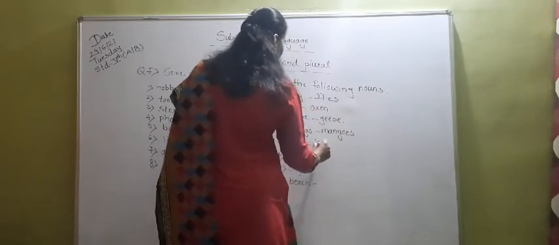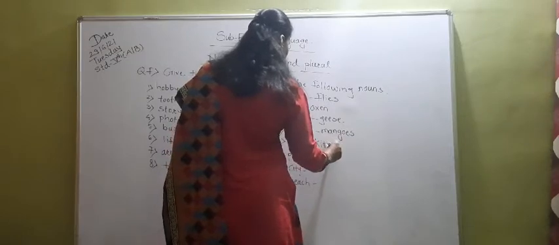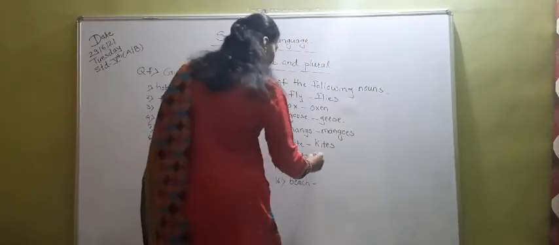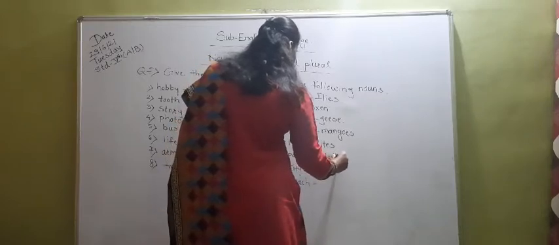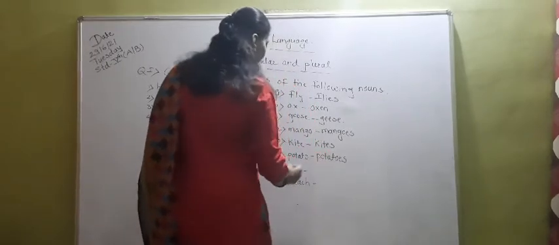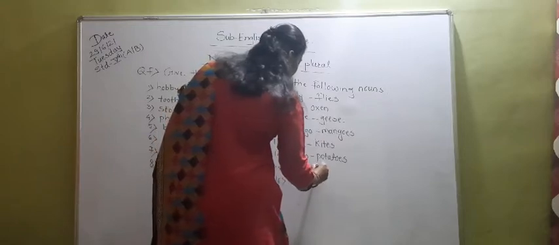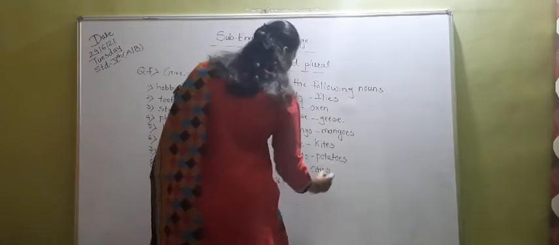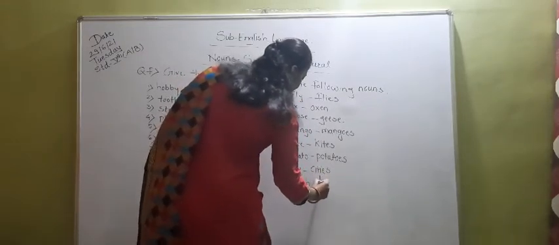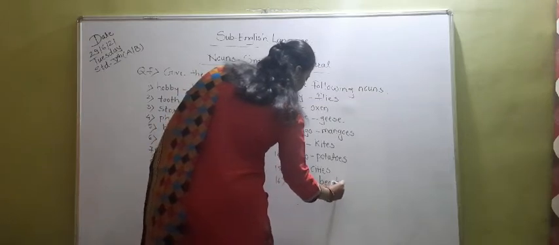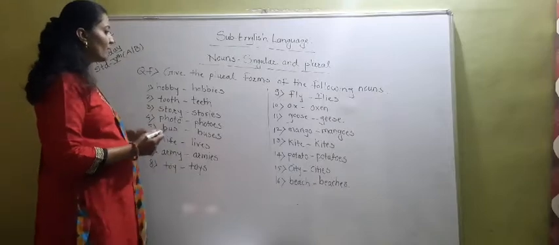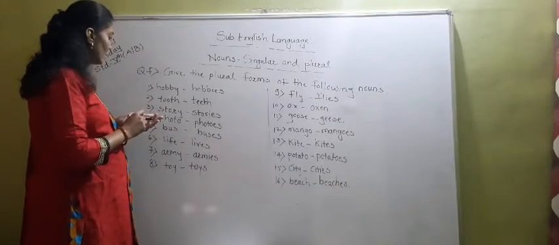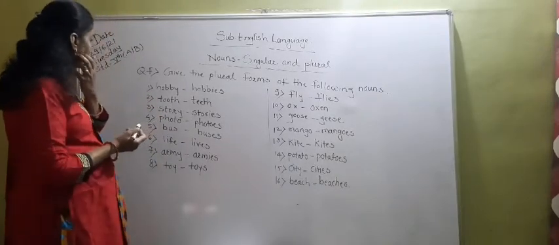Kite, kites. Potato, potatoes. City, cities. Beach, beaches. So, like this we have made plural of the nouns that are given here.